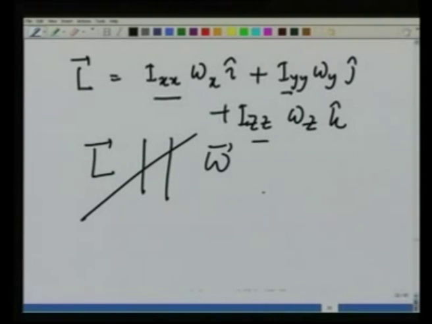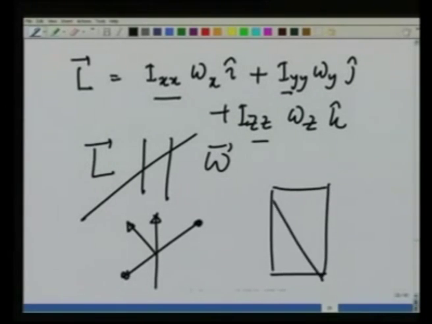So, in general, for example, in this rod example, omega was this way, L was this way. In the rectangle example, omega was this way, L could be at some other angle, either this way or this way, depending on a and b. So, L and omega are not parallel, and L rotates about omega, and this gives rise to very interesting dynamics, as we will see in the coming few lectures.